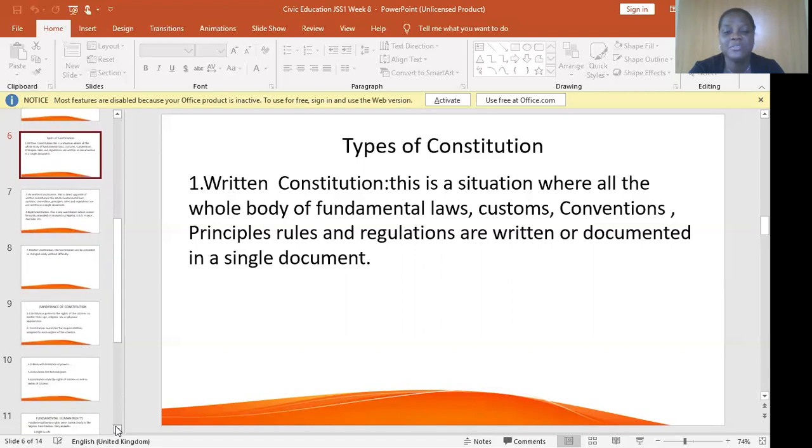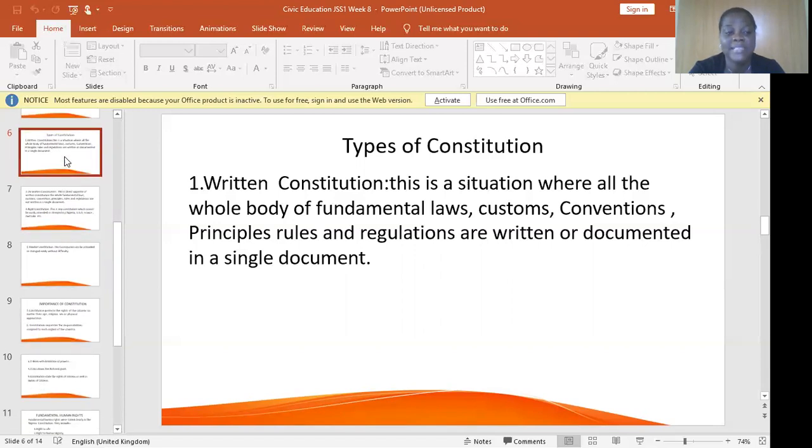Written constitution, from the word written, that means something that is being written down. When it is being written down, this is where all the laws, the customs, the conventions, the rules and regulations are being jotted down, being documented in a single document.